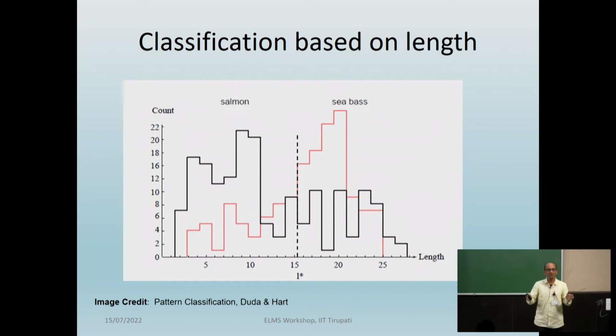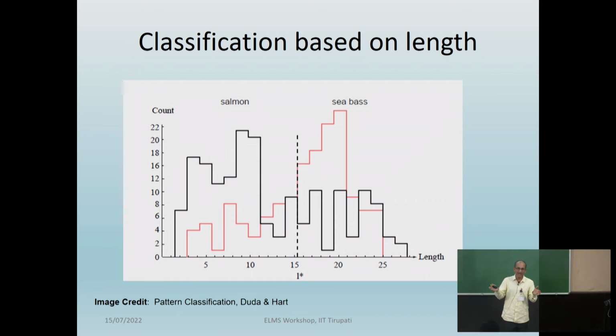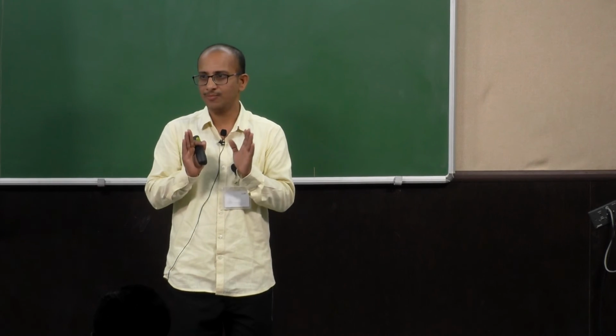Most methods don't work with a single sample or two samples; we need to see a whole lot of samples, and this itself requires learning. If I have enough samples, I will learn what threshold I should put.